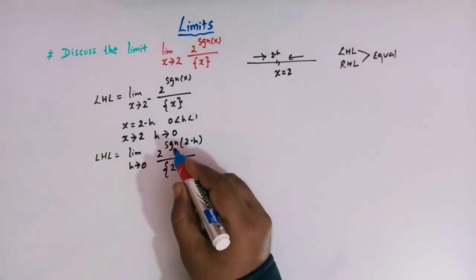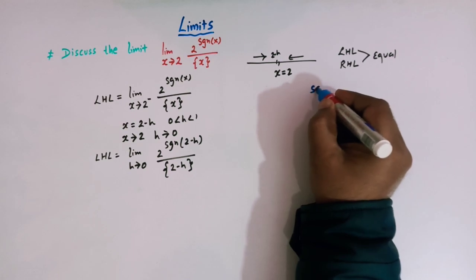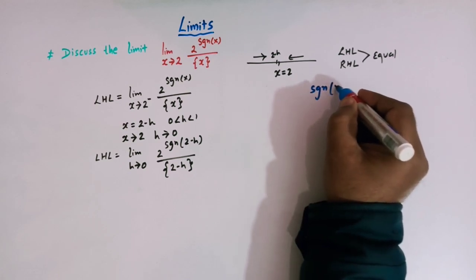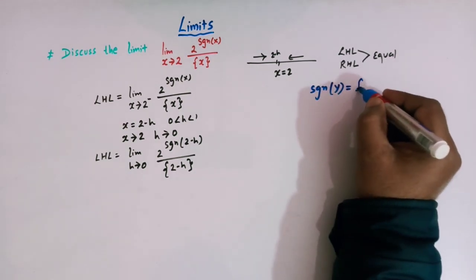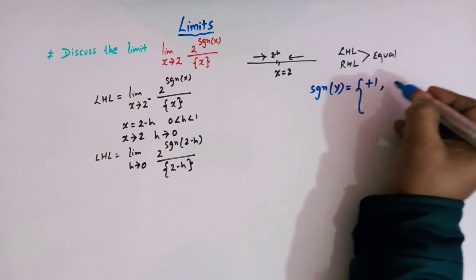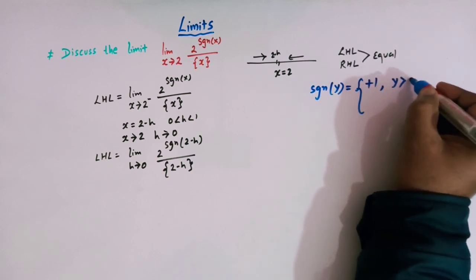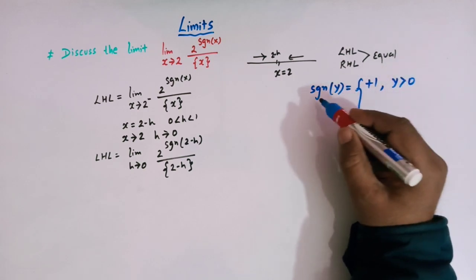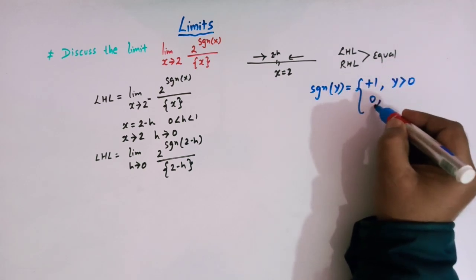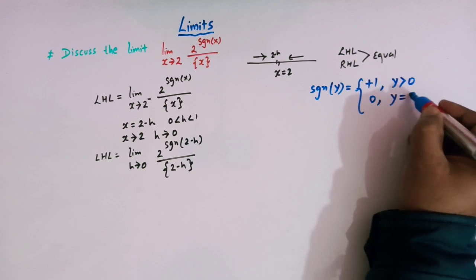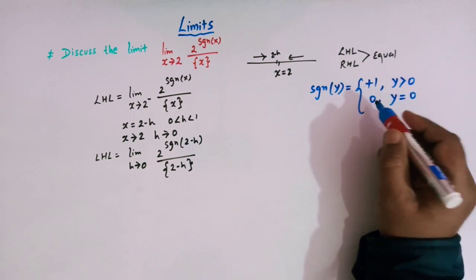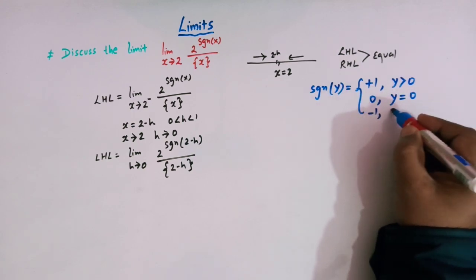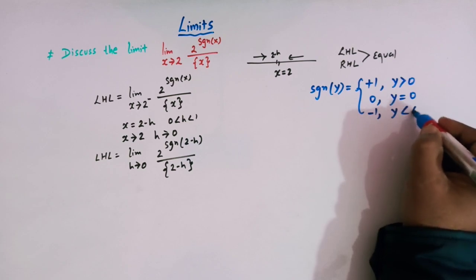Let us first define the signum function. Signum of y is equal to positive 1 whenever y is greater than 0, signum of y takes the value 0 whenever y is equal to 0, and signum of y takes the value minus 1 whenever y is less than 0.